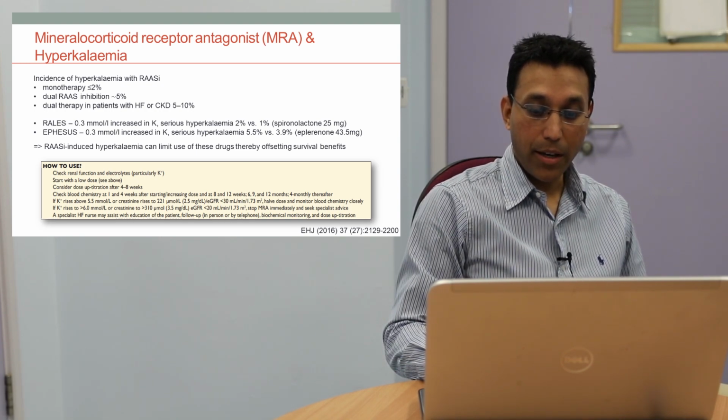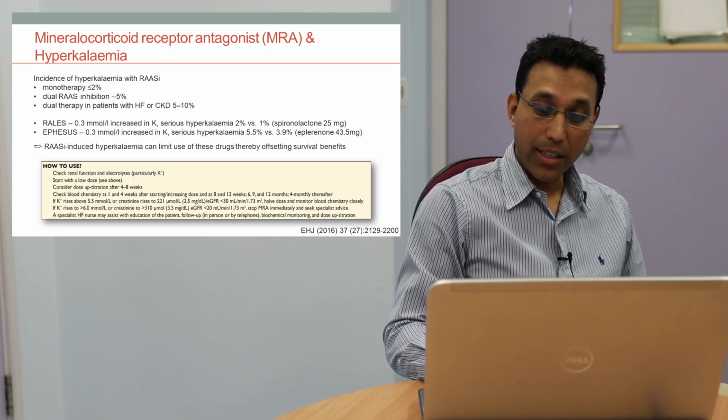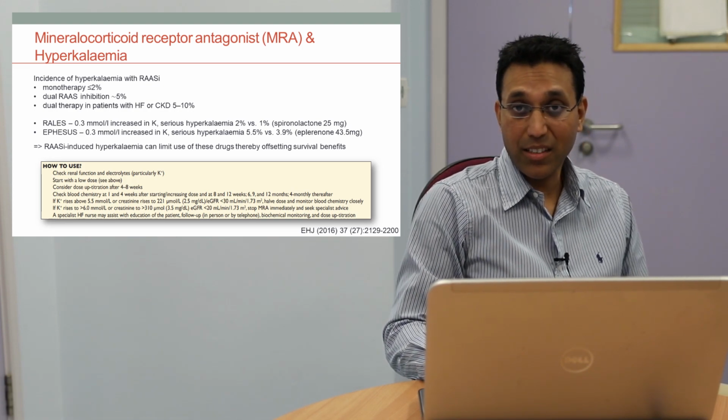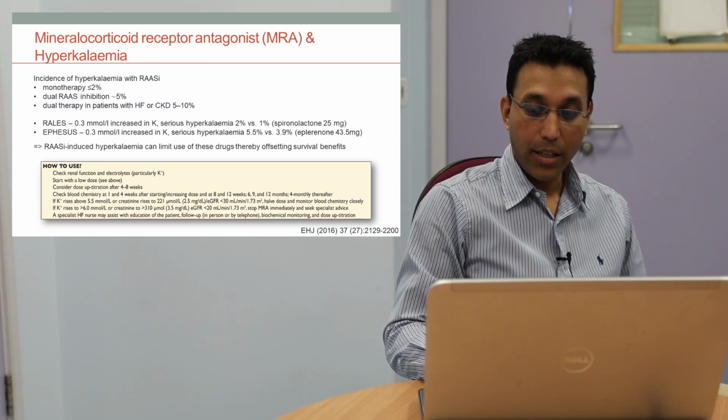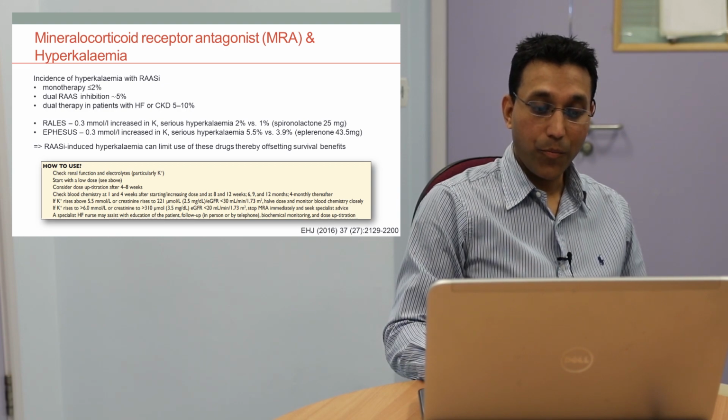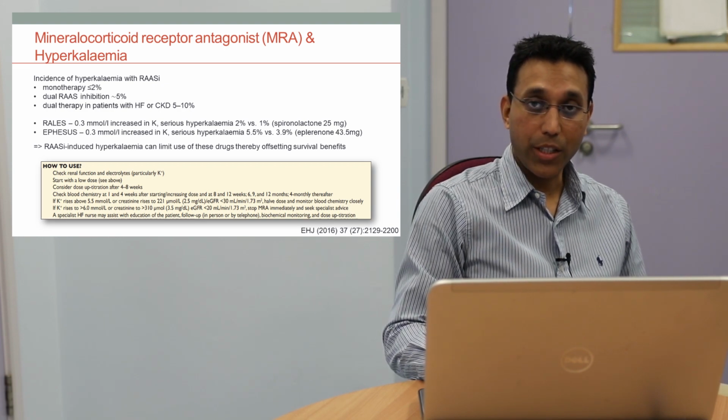And it may be that we have to consider the use of new potassium binders, including patiromer or ZS-9, to enable optimization of heart failure therapy. We'll see what this shows, but trials are underway to potentially look at this.